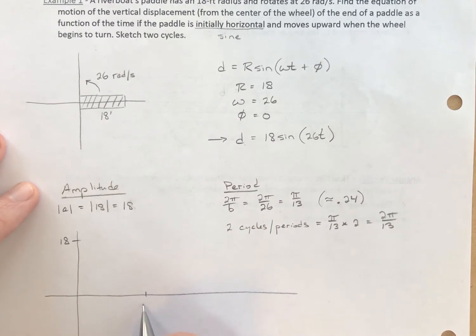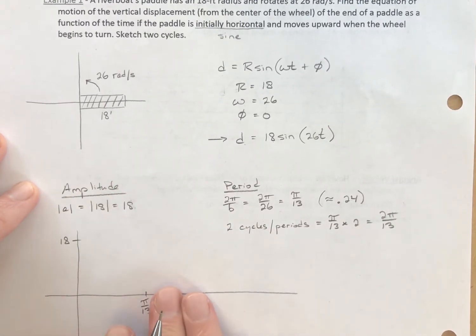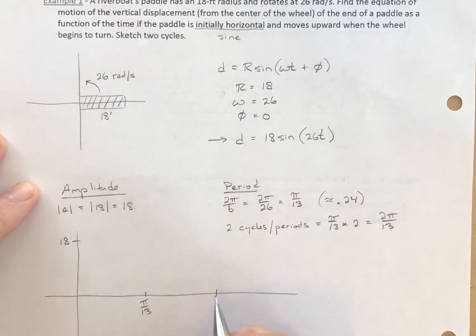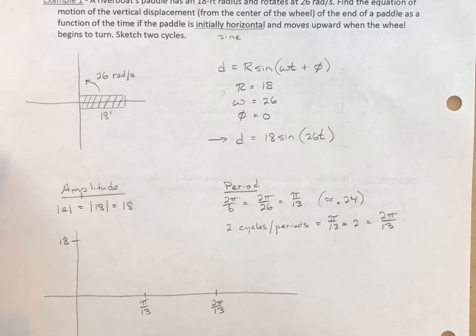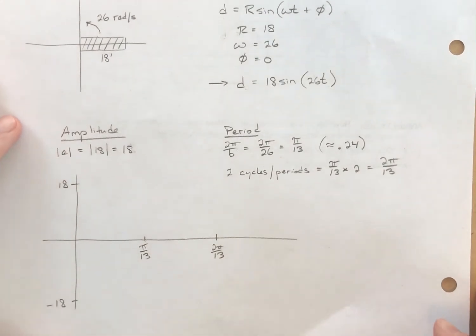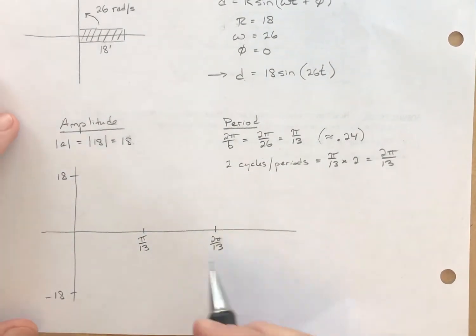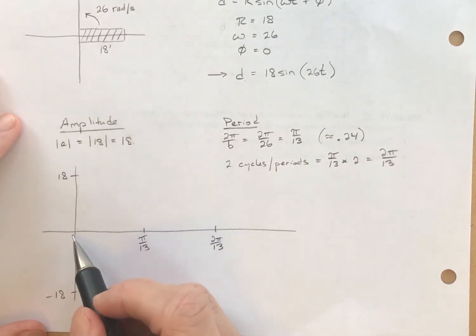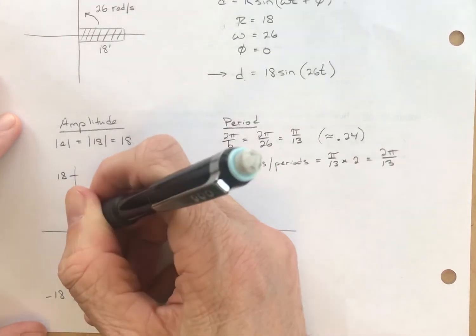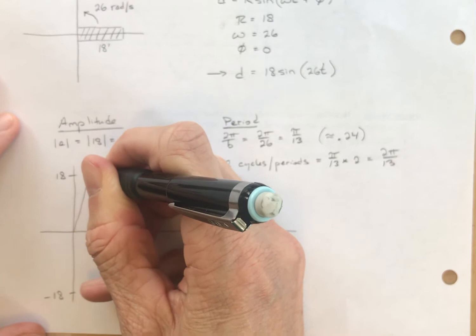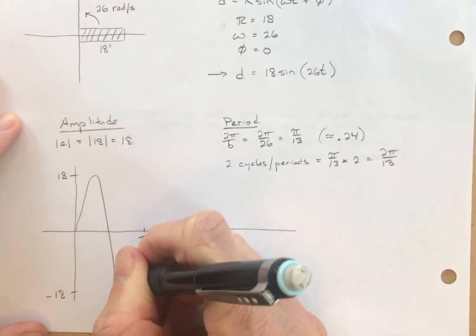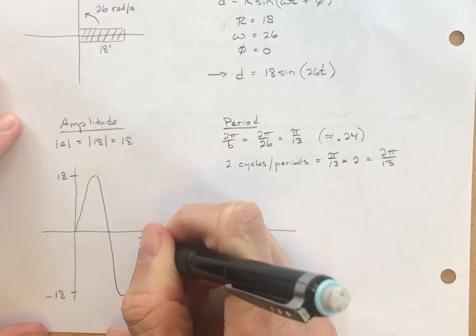I'll put it about here, pi over 13, and then I'll sketch and match that distance. Here is 2 pi over 13. We know it's a sine function. We know one period is going to be between here and here. So I'll go up, come down halfway, go down to negative 18 and come back up.